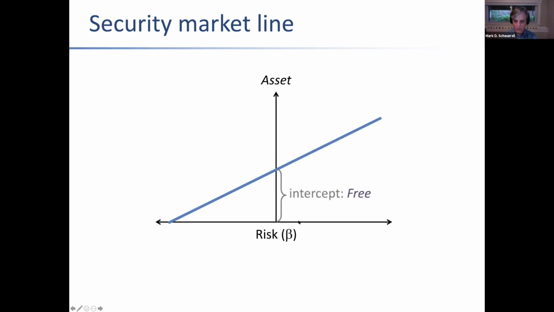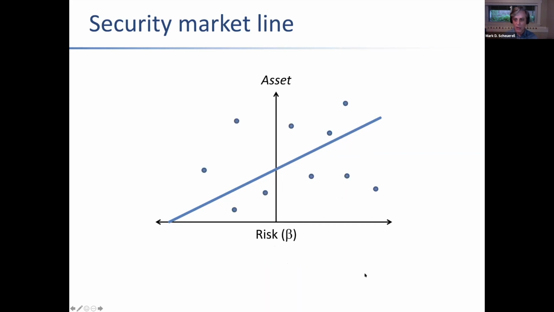And the intercept of this line is the value of the return of that risk-free asset. So this is your 30-year treasury bonds. The slope is the difference between the market and this risk-free thing. And the risk here is your predictor. So the price of the asset is the intercept, treasury bonds, plus the difference between those times your risk.